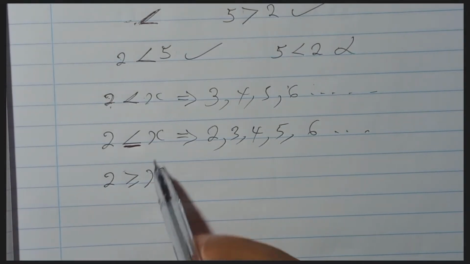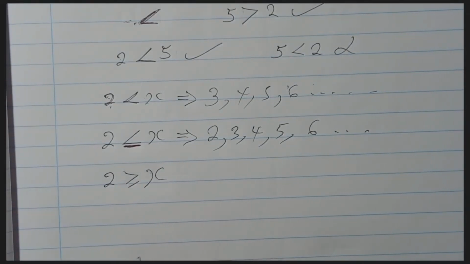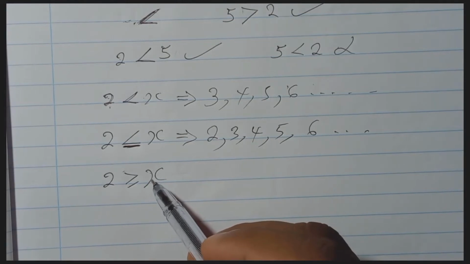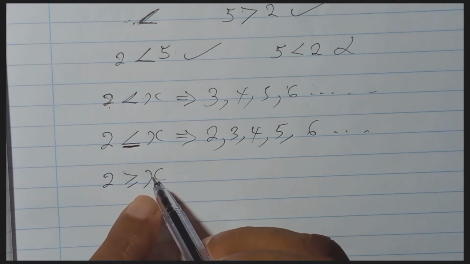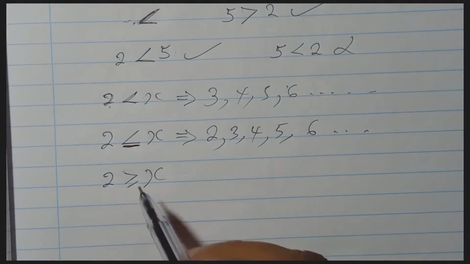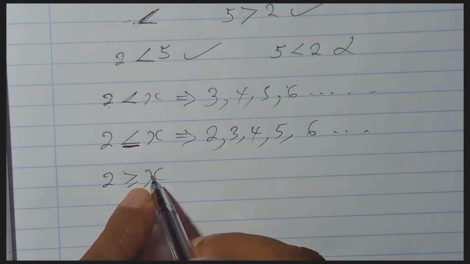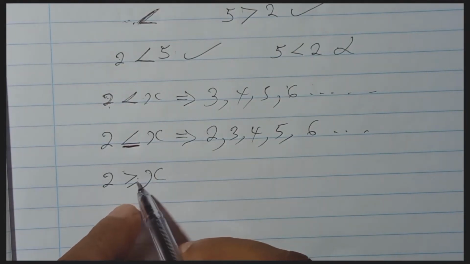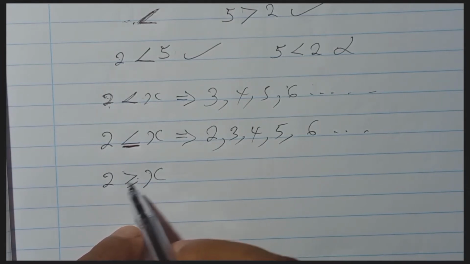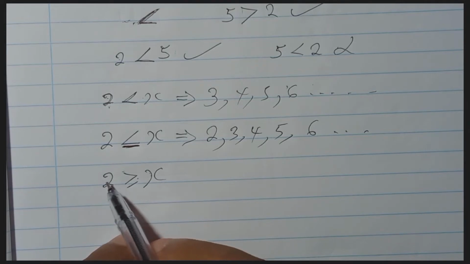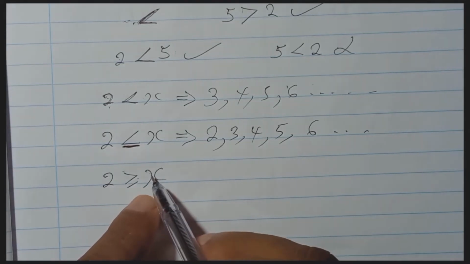Now always when you read this inequality, keep in mind, read it starting with the unknown letter. That means you need to start with x: x should be less than or equal. Normally we call this less than, and when you have it this way we actually say greater than, but we need to think like this way.